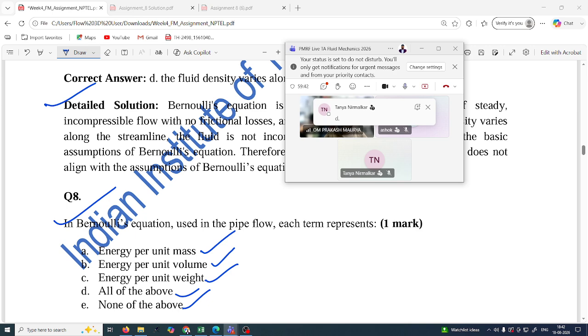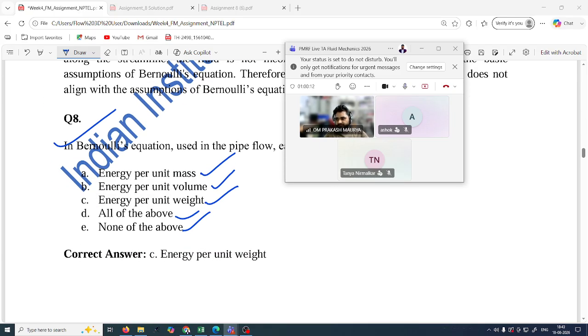Tanya is telling D, meaning all 3 are correct: A, B, C, energy per unit mass, energy per unit volume, and energy per unit weight. Yes, option C is correct, energy per unit weight.